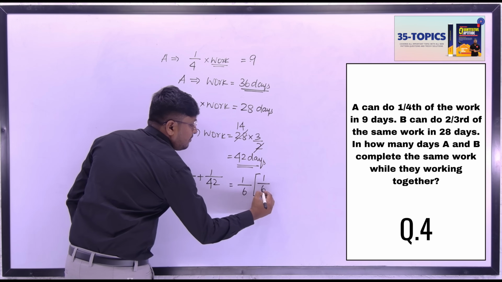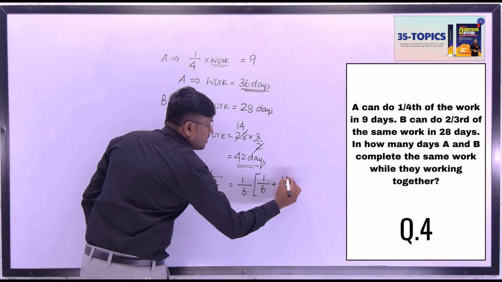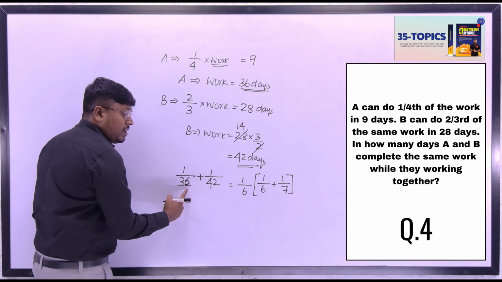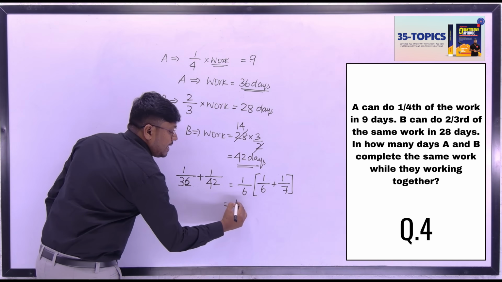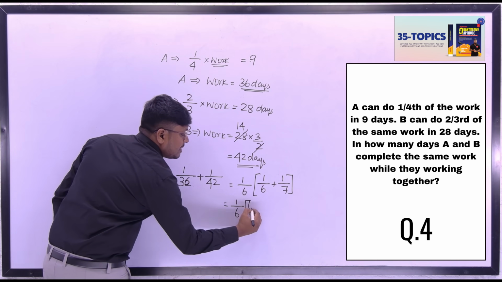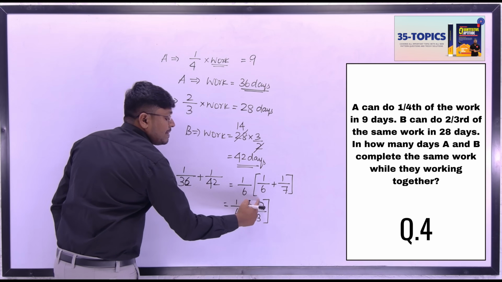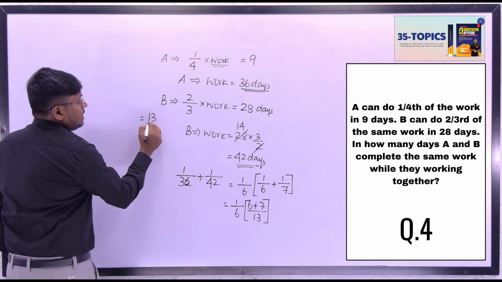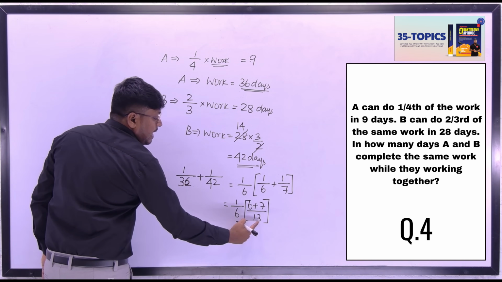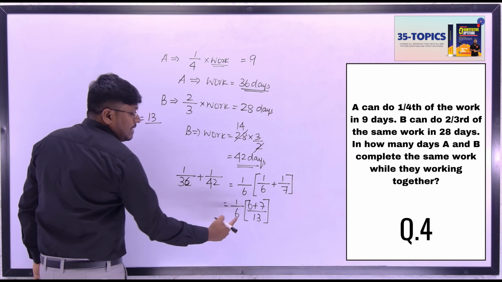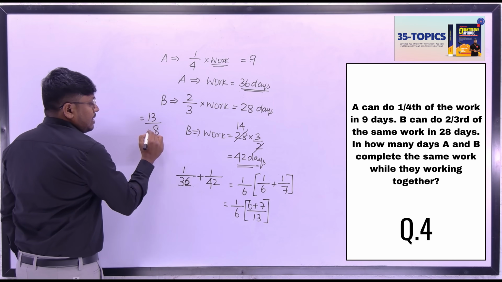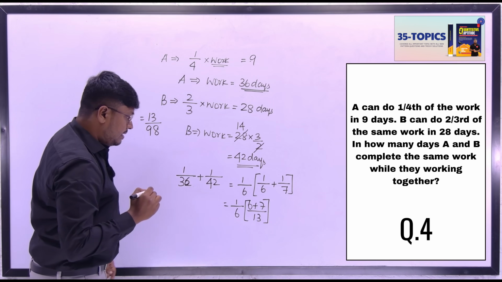The result will be 1 by 6 and 1 by 7. Yes or no, friends? Because 6 sevens are 42, and 6 sixes are 36. Now taking the LCM will be easy because 6 plus 7 is 13.